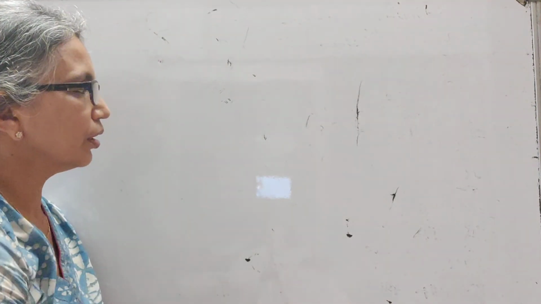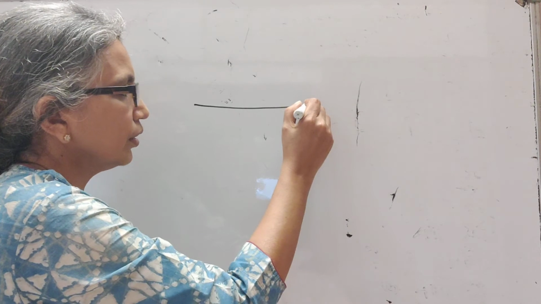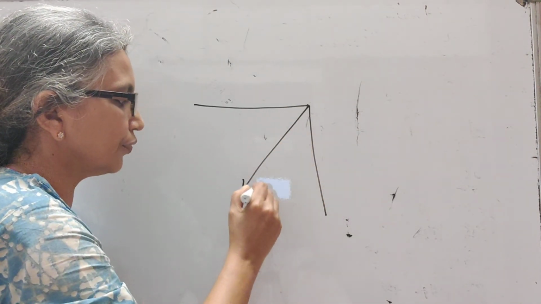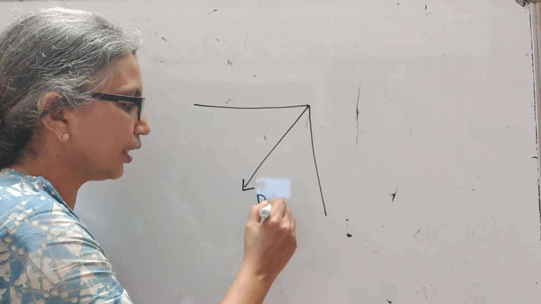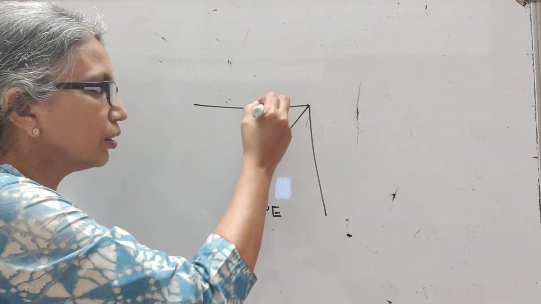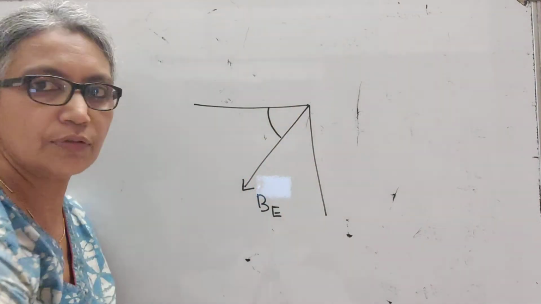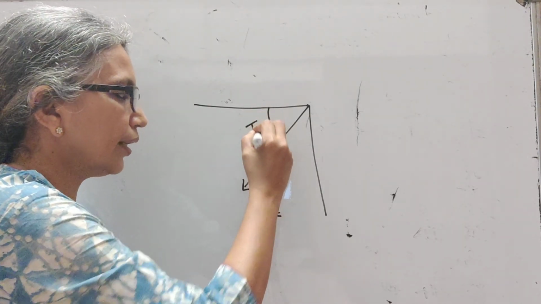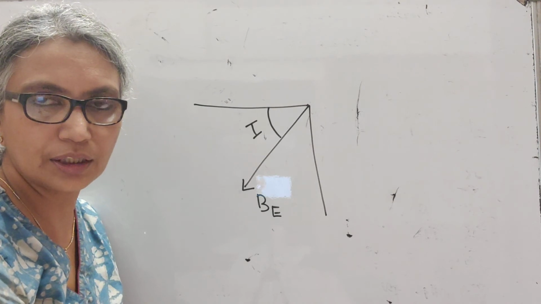Once more I'll show you. If this is the surface of the earth, the total magnetic field of the earth I call BE. The angle through which this total field of the earth dips at that place is the angle of dip or angle of inclination.